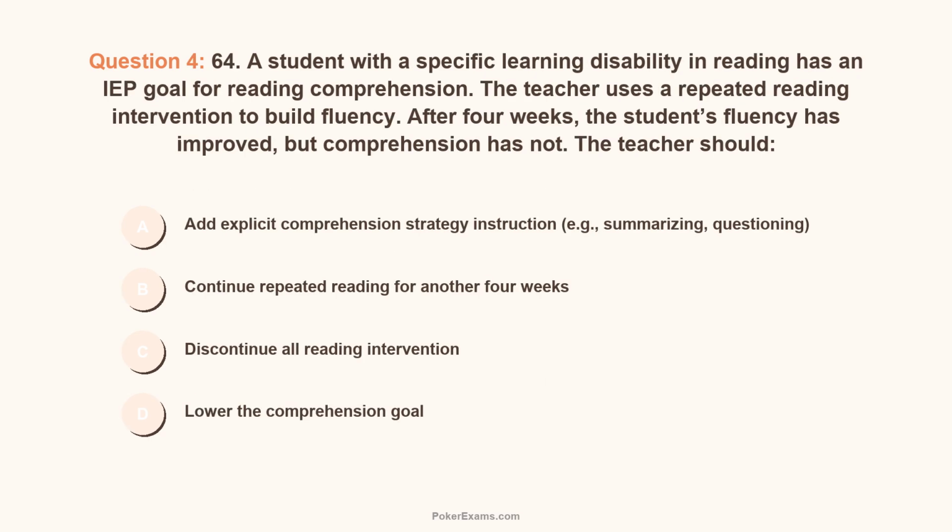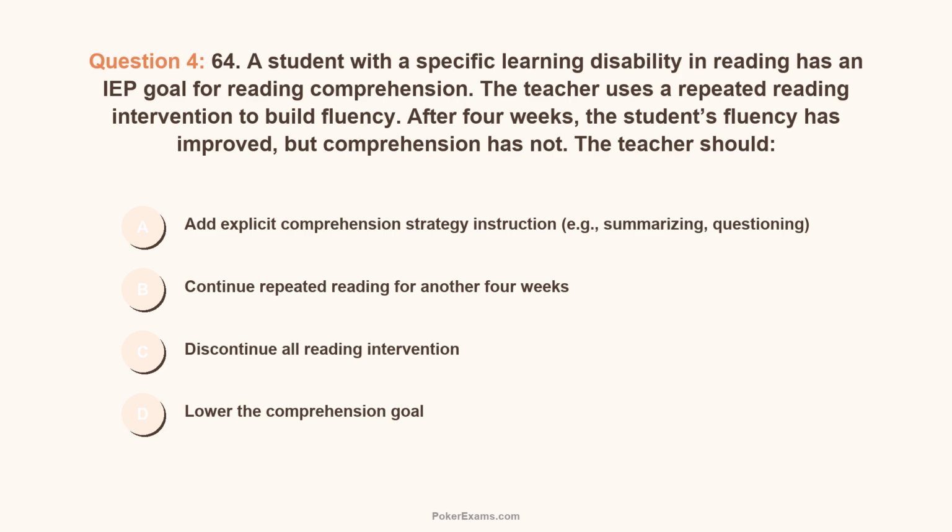Question 4. 64. A student with a specific learning disability in reading has an IEP goal for reading comprehension. The teacher uses a repeated reading intervention to build fluency. After 4 weeks, the student's fluency has improved, but comprehension has not. The teacher should add explicit comprehension strategy instruction, e.g., summarizing, questioning.